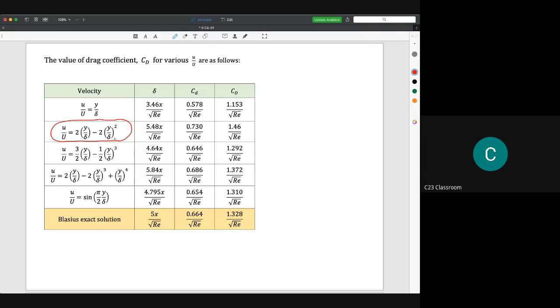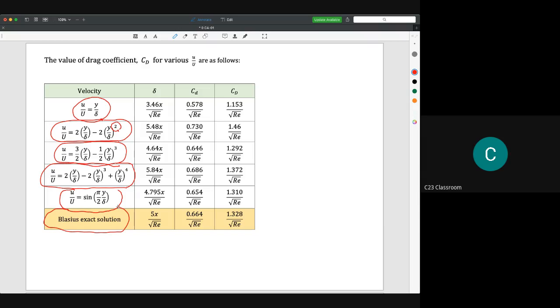We have the power of 1, which is linear, the quadratic by the power of 2, the power of 3, and the power of 4 here, and then the sinusoidal. These are the very common velocity profiles for laminar flow. Then we have another solution called the Blasius solution.